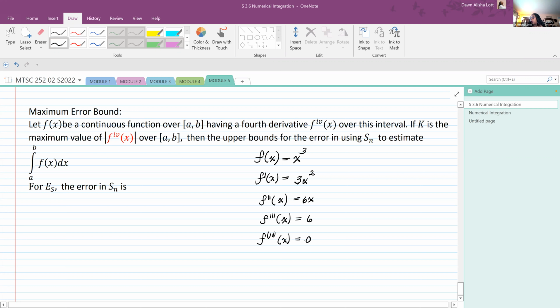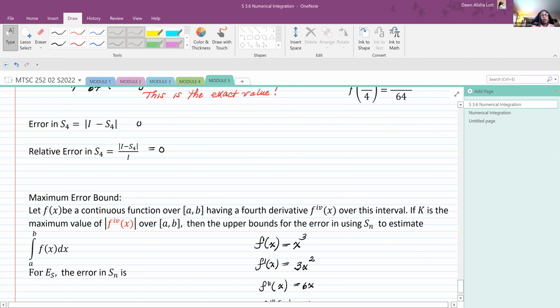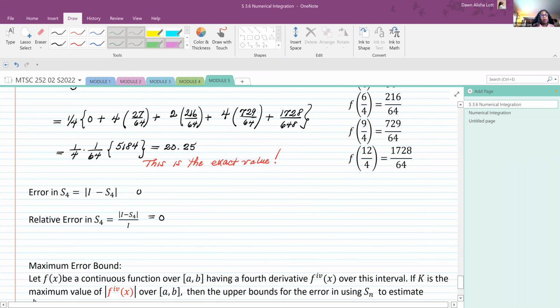So therefore, because the maximum value of the derivative is 0, when I go to calculate my error, which is, oh, I didn't give you the formula.